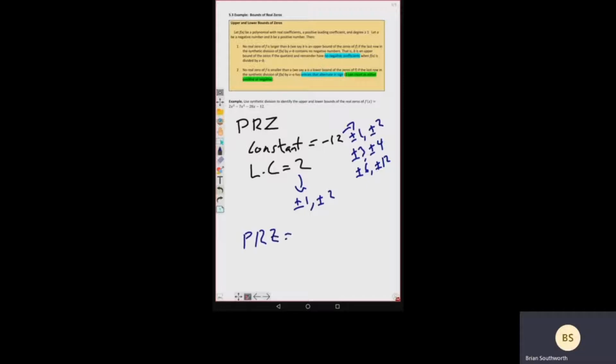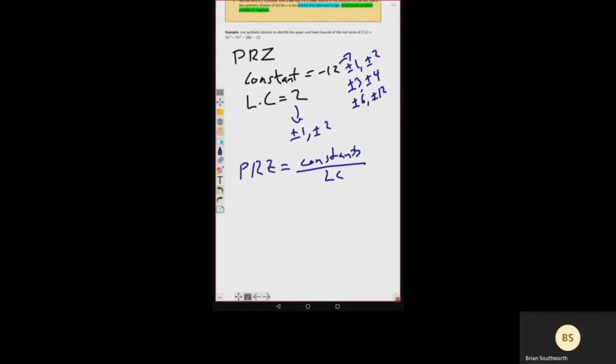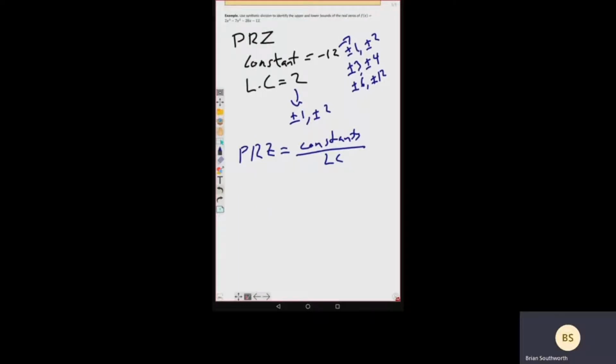And the PRZs are constants over the lead coefficients. So we take every one of these over here and divide by plus 1 and then divide by plus 2. So doing that, plus 1 divided by 1 is 1, plus 2 divided by 1 is 2, plus 3, 4, and 6 all divided by 1.